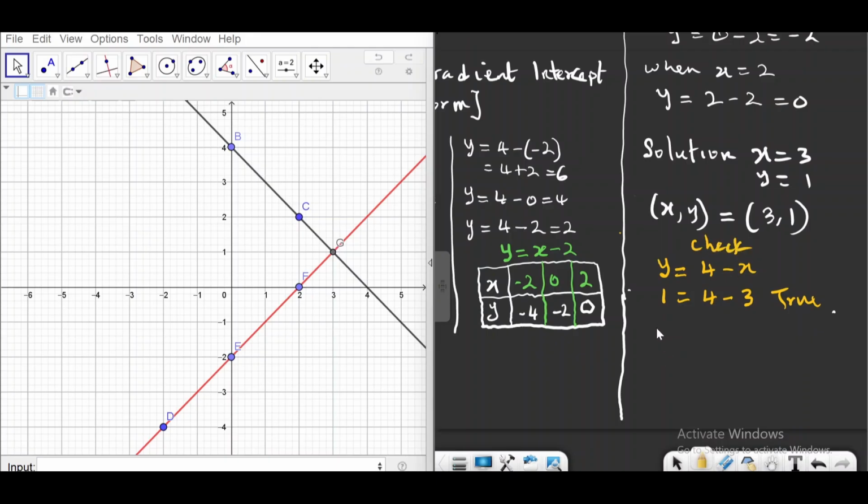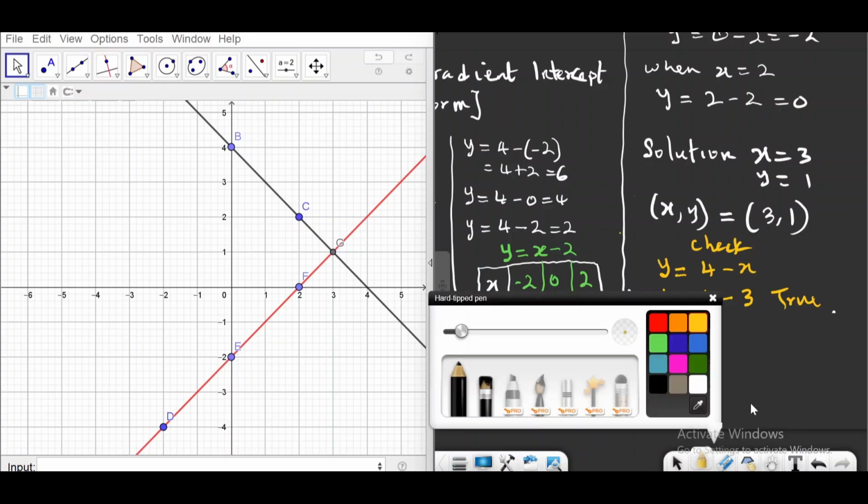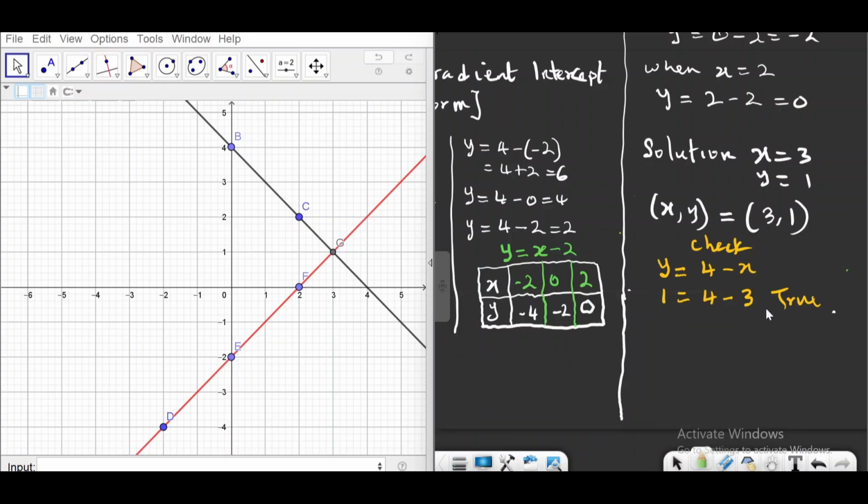The second equation is y equals x minus 2. If we substitute where x is 3, y is 1, 3 minus 2 is equal to 1. This is also true. So the final answer is correct.